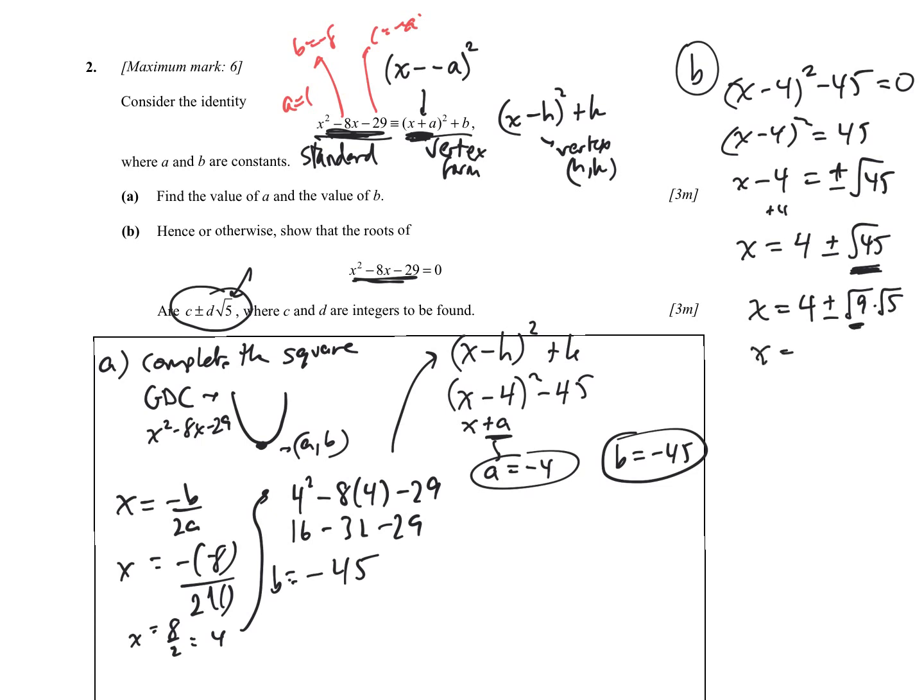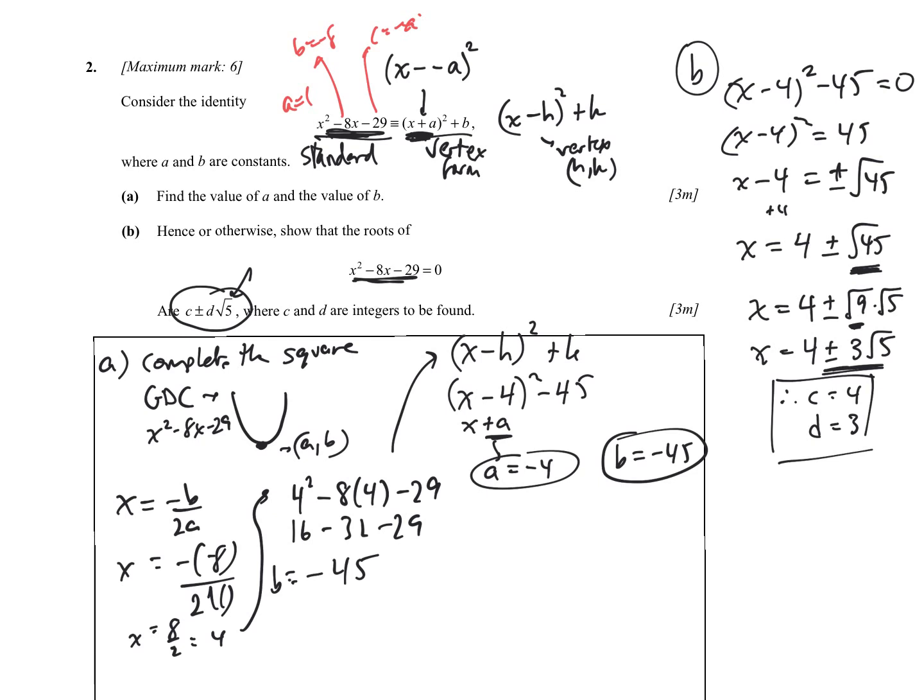I can square root the 9, to be 3 root 5. So therefore, c equals 4, and d equals 3. You can make the statement that c equals 4 and d equals 3, or you could simply write your answer like this, and as long as it's in the correct form, it's fine.